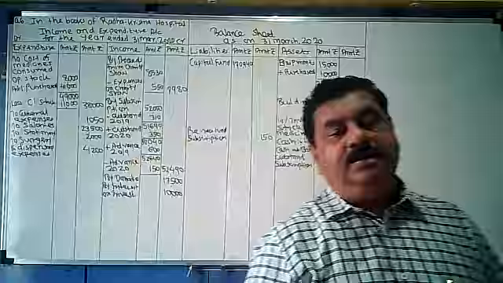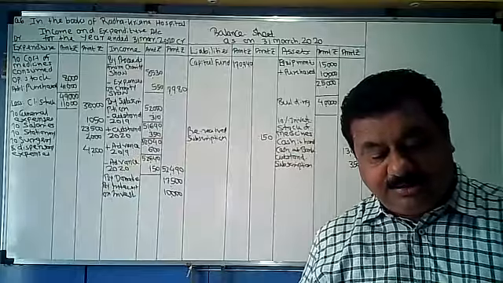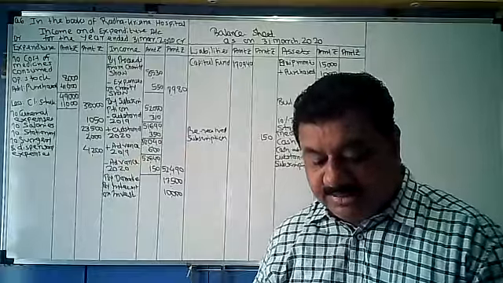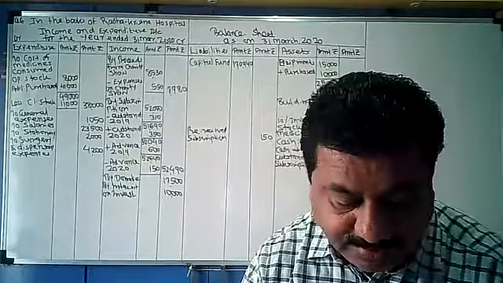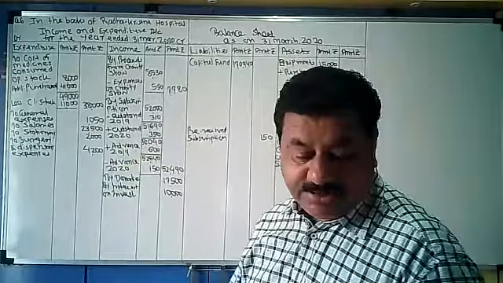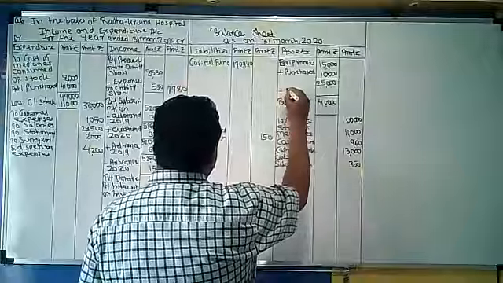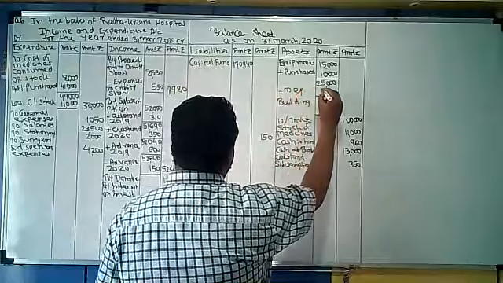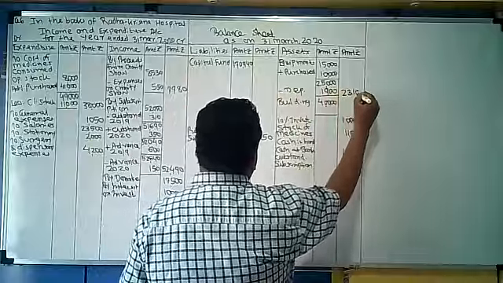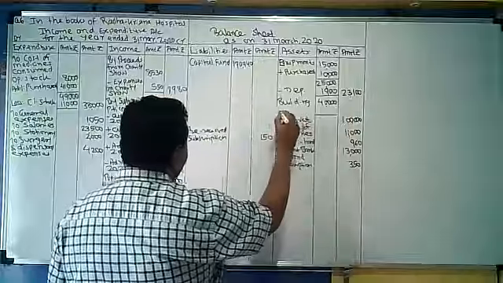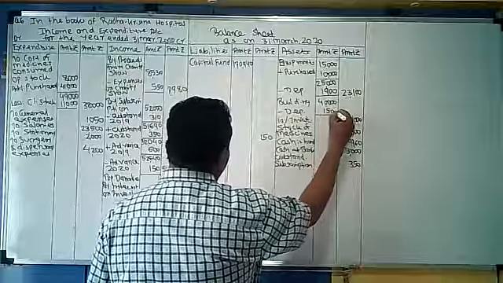And finally, we want to see the depreciation adjustment. The depreciation on equipment is 1,900 and building is 1,500. So equipment's depreciation is 1,900, minus from equipments, and building depreciation is 1,500.